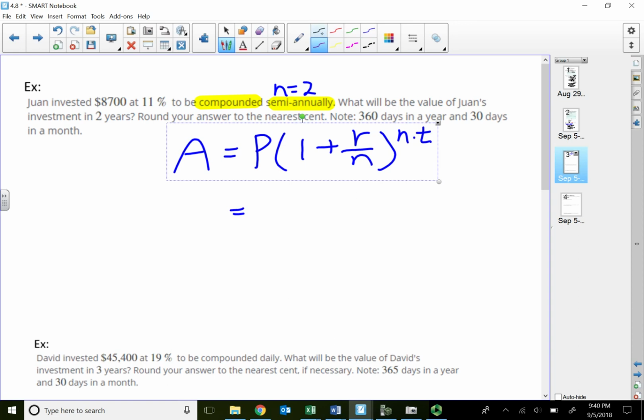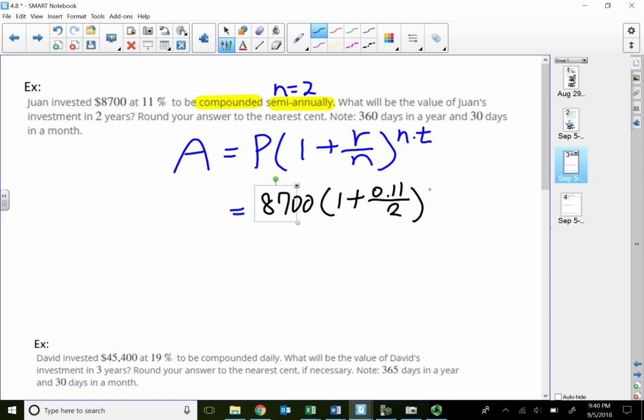Let's check it out. All right. Invest $8,700 times 1 plus 11%, which is 0.11, divided by compounded semi-annually, N is 2. The whole thing raised to the 2, which is N, times the time, which is 2 years. So if you want to, you can say the exponent is basically 4. What that 4 means is the account will roll over 4 times total, right?